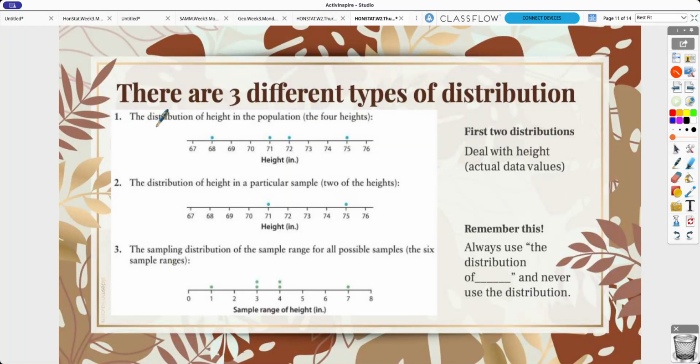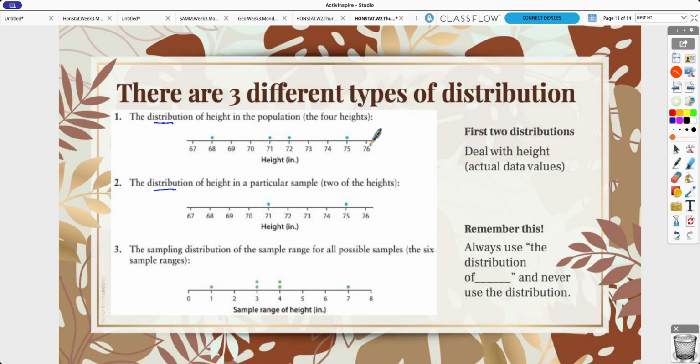Now take note that the first two are distributions of the data. Now number three is the sampling distribution. So we had the sampling distribution of the mean, and then we had the sampling distribution of the sample range. So I just highlighted the three different types of distribution that we had here.